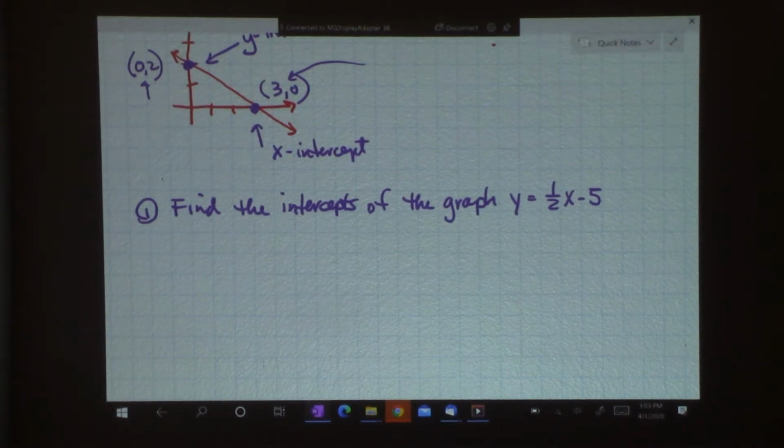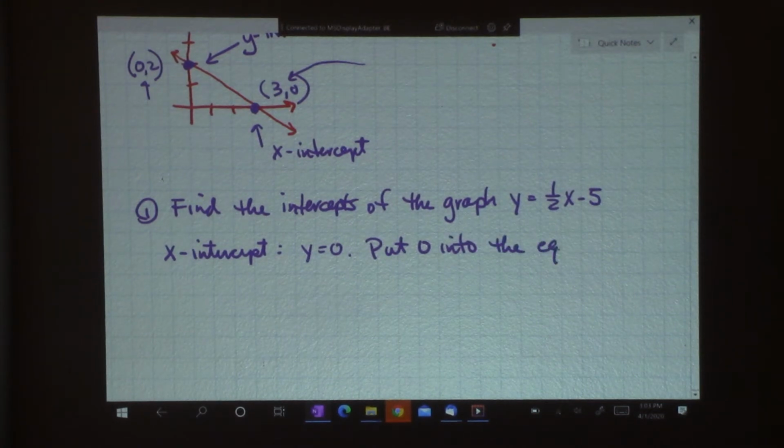So first I'm going to do the x-intercept. And that is going to be where y is 0. So I'm going to put 0 into the equation and solve.